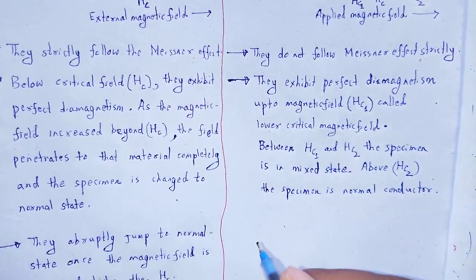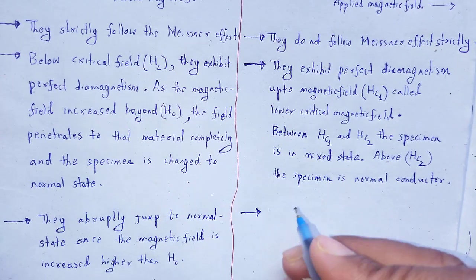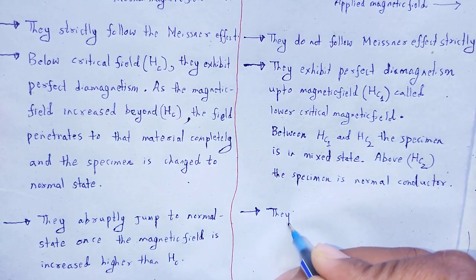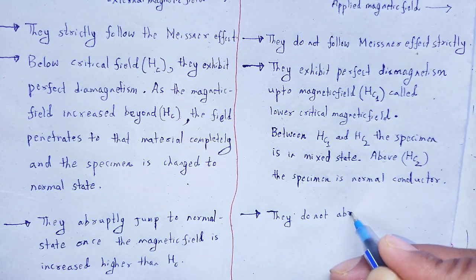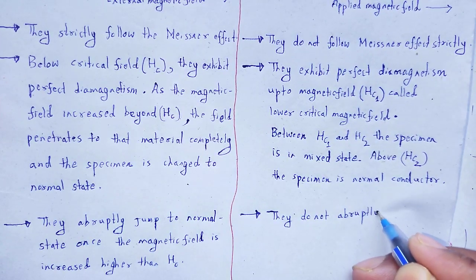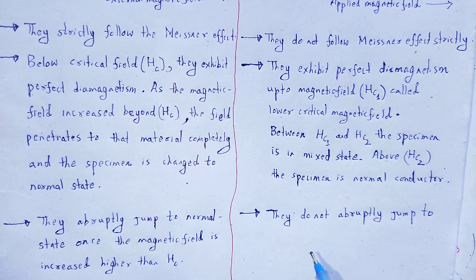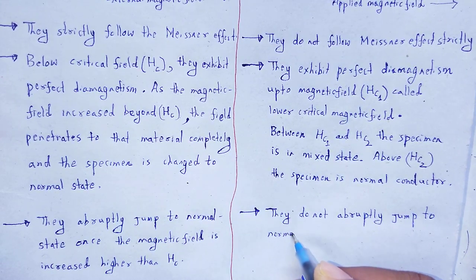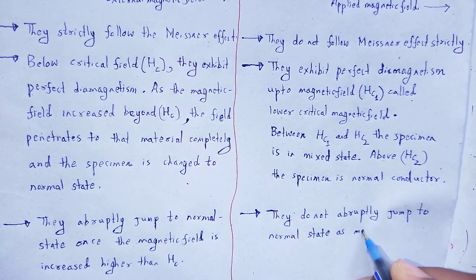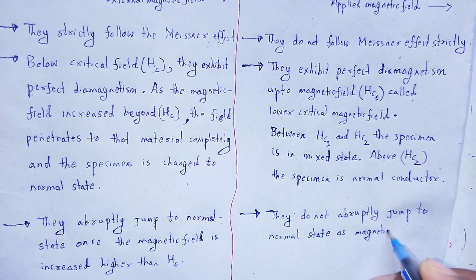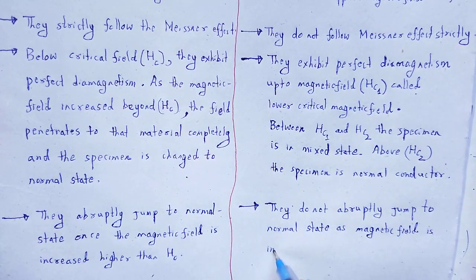But in case of type 2 superconductors, that process is not abrupt. They do not abruptly jump to normal state as magnetic field is increased.